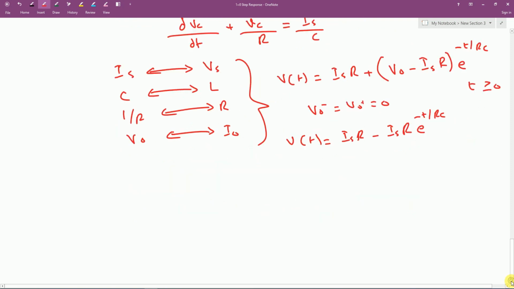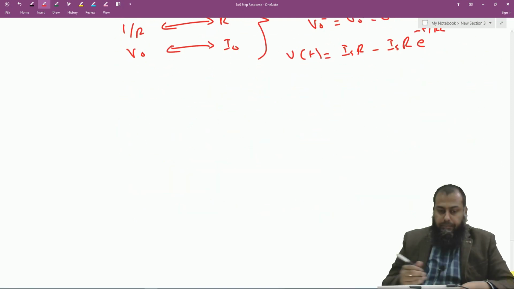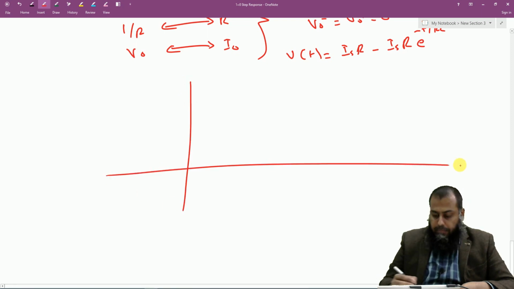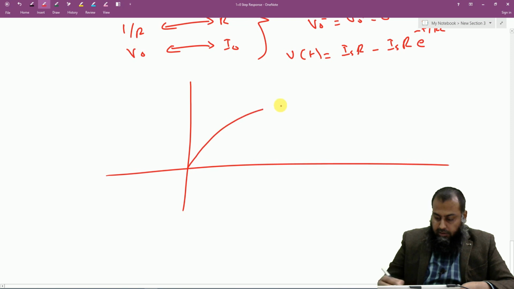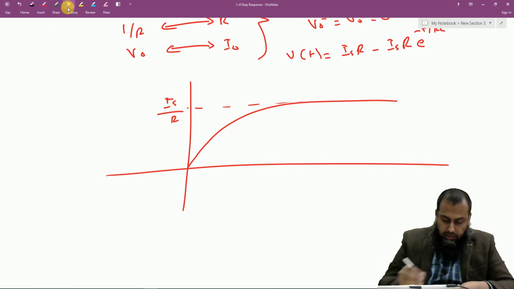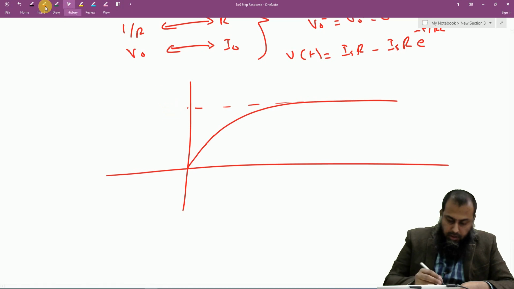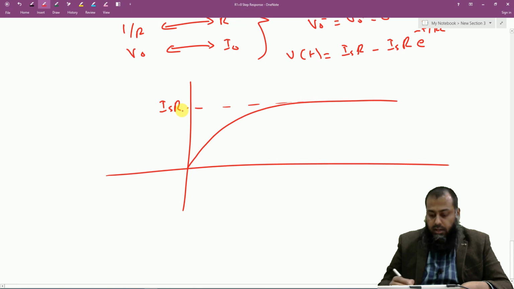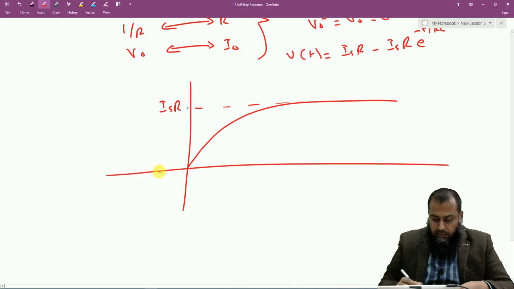Now again, if we draw the capacitor voltage and the capacitor current here, the capacitor voltage will require some finite time to reach its final value, which is equal to Is into R. This is the final value of the capacitor voltage, and before that, because we do not have any voltage across the capacitor, the capacitor current was equal to 0.